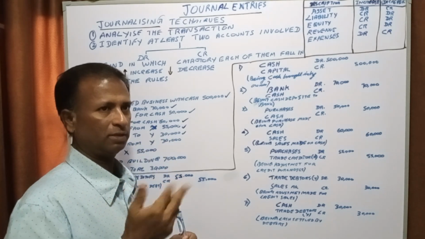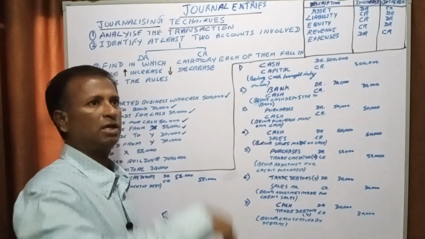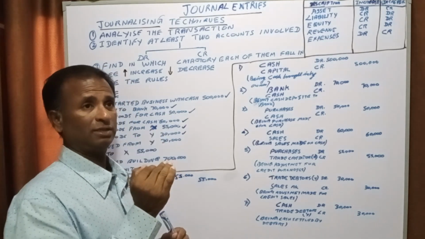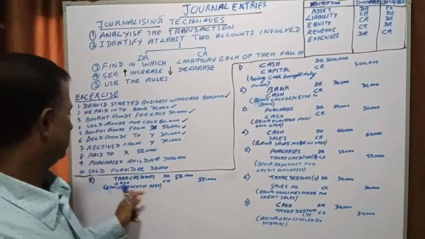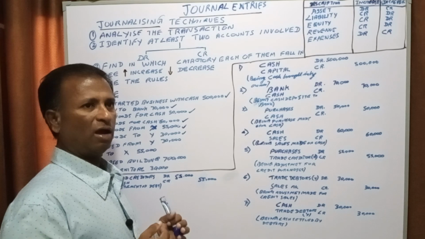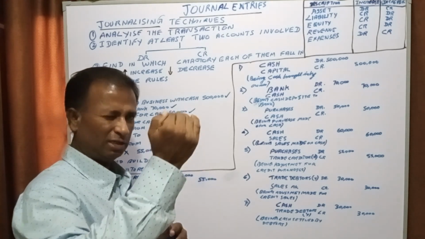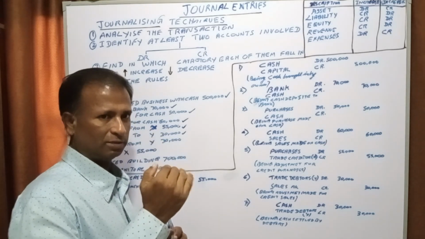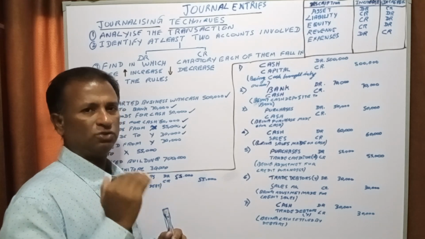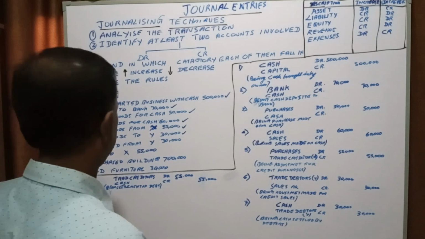Cash is going out. Trade creditors, we are settling the trade creditors, means there's a decrease in the trade creditors. If there is a decrease in the trade creditors, it should be debited. It is debited 55,000, right?